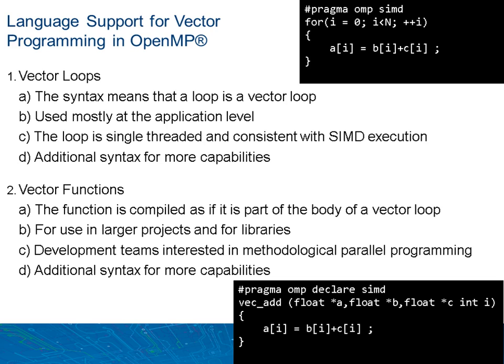Intuitively, what a vector function means is that it is being compiled as if it was the body of a vector loop. This allows you to write modular code. You don't have to write all the code that you want to execute in vectors inside one big loop. You can break it up into modules, into functions, declare those functions as vector functions, and know that you are not going to lose performance in the interface.